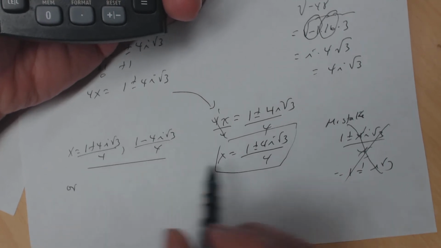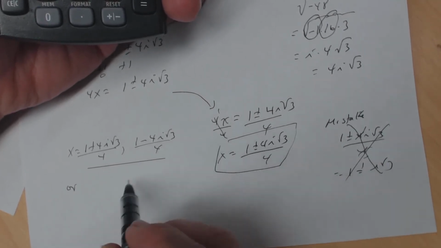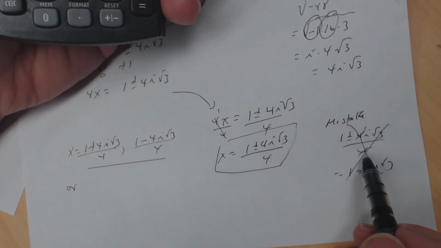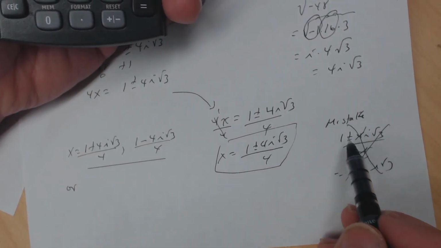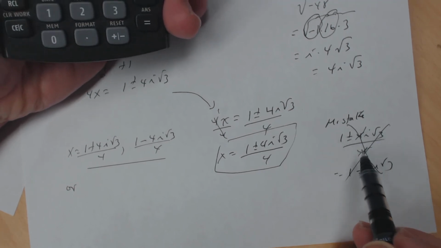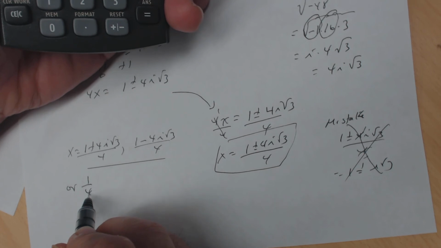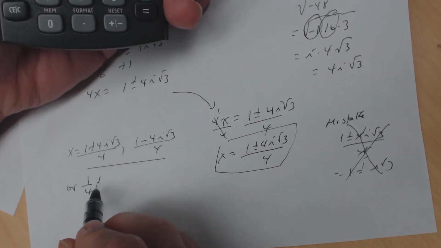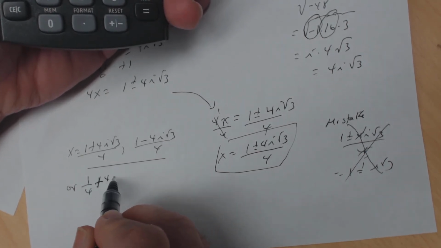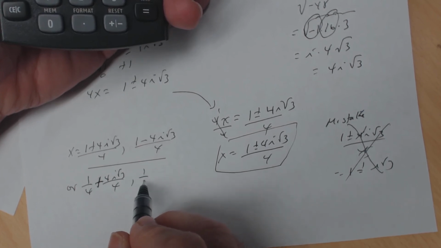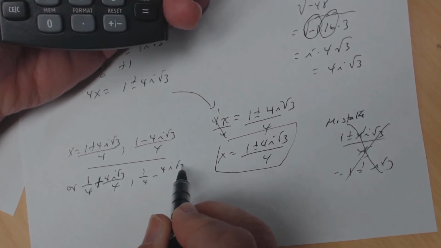Now, if you write it as two fractions, this idea about reducing could come into play. Watch how that looks. Remember we said we can't divide out these 4s because 4 has to be divided into this 1. But if you break it down into two fractions, notice what happens. You get 1 divided by 4 plus 4i square root of 3 over 4, comma, 1 divided by 4 minus 4i square root of 3 over 4.